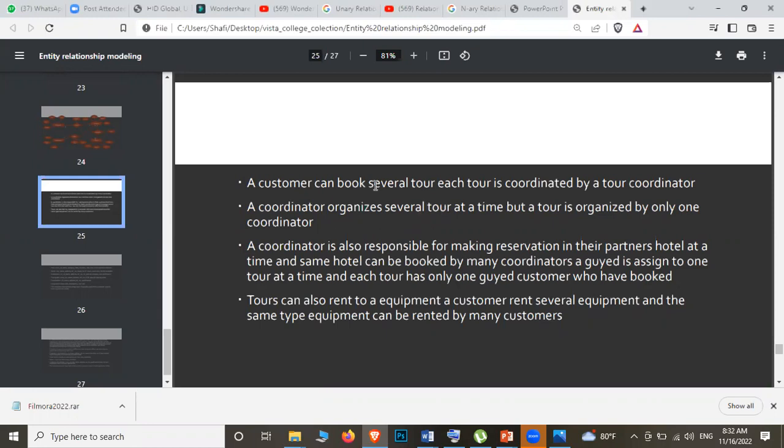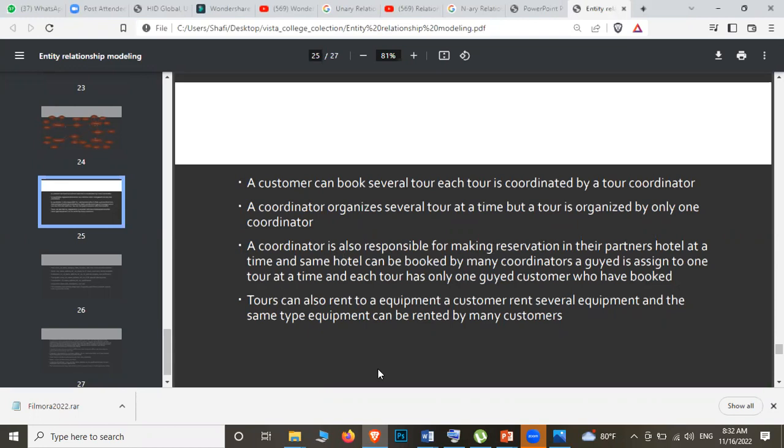At a time they would organize several tours, but a tour is organized by only one coordinator. For one tour, only one person is in charge.